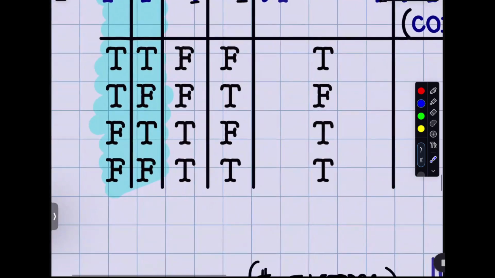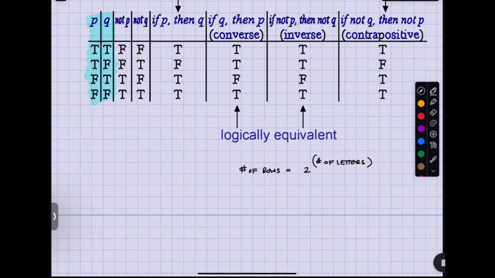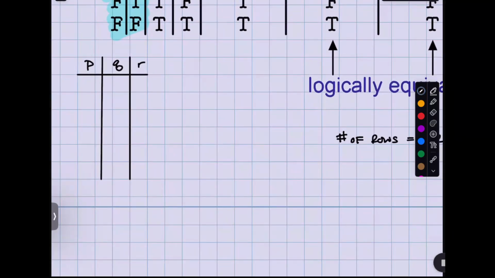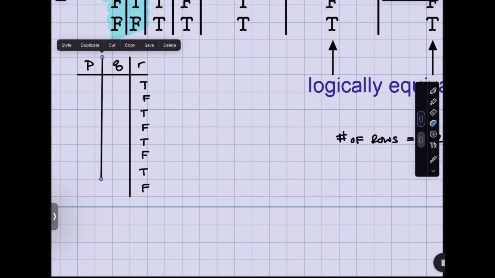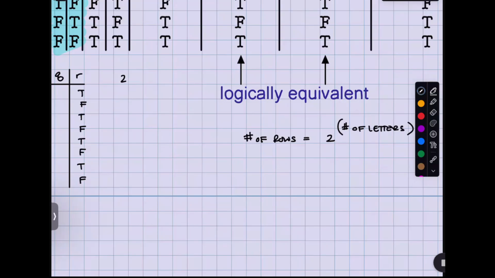Okay? So let's say I have 3 letters. I know that there's 3 letters, so 2 to the third is equal to 8.